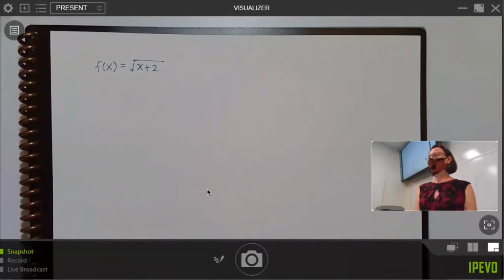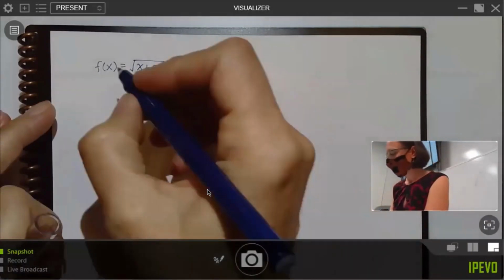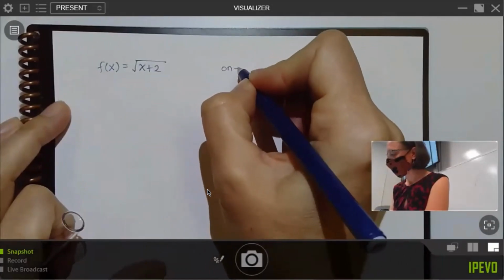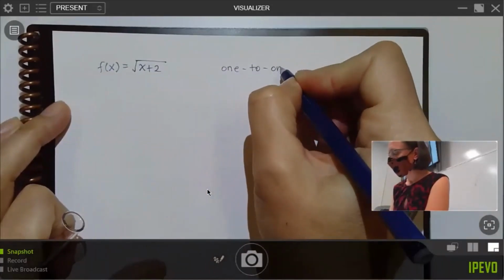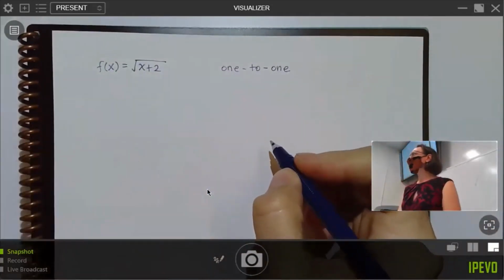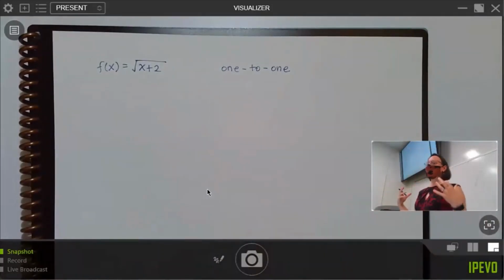One of them is to sketch a graph and to show that it's passing the horizontal line test. If we're going to show that it's one-to-one algebraically, then to show that something is one-to-one, what that means is I can't have two x values that have the same y value.